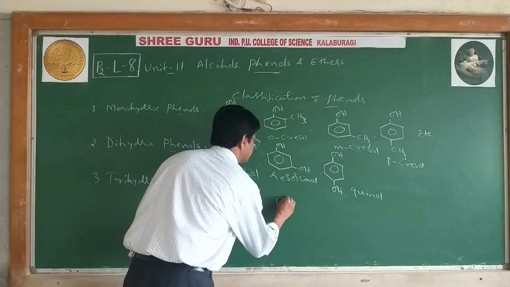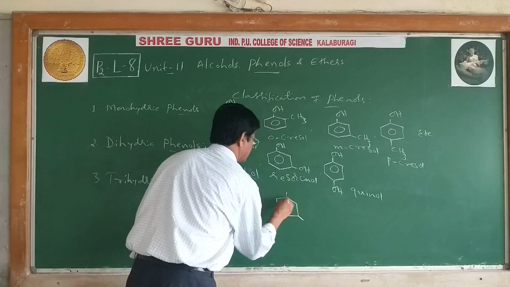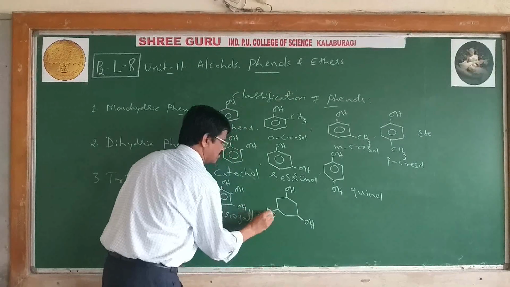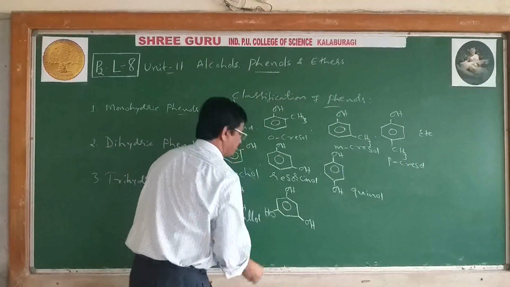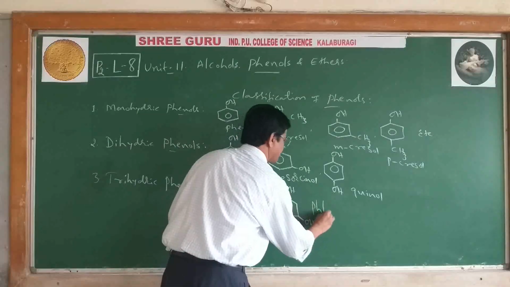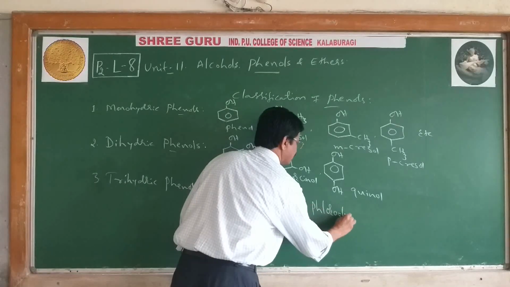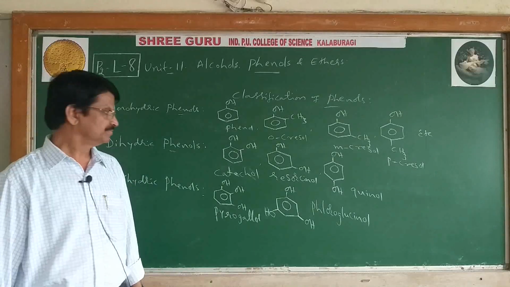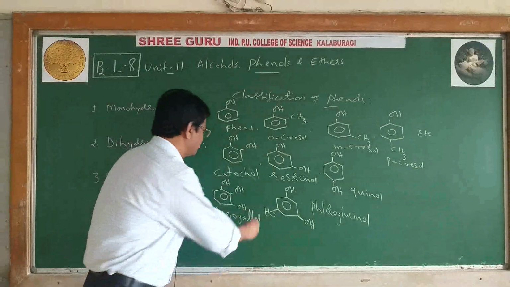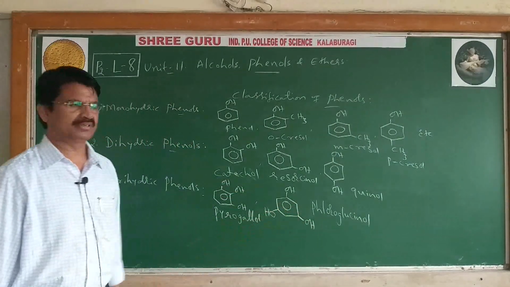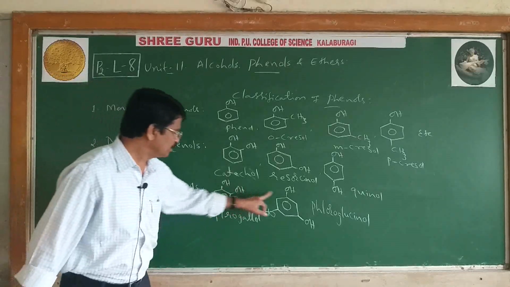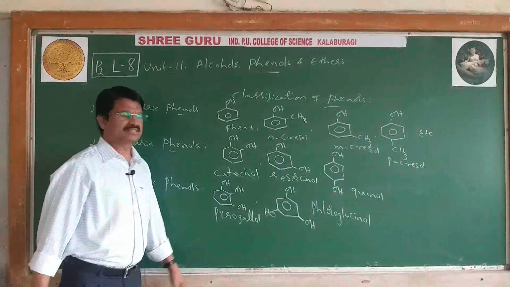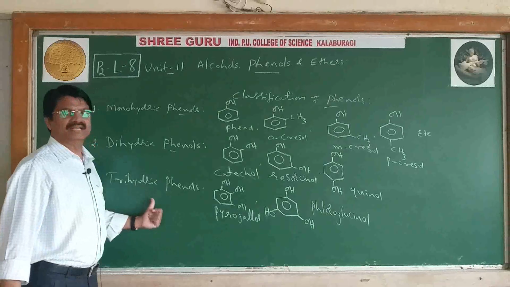And one more is called phloroglucinol. These two contain three OH groups on the ring. Hence, these belong to trihydric phenols.